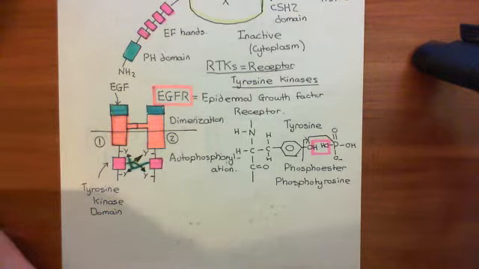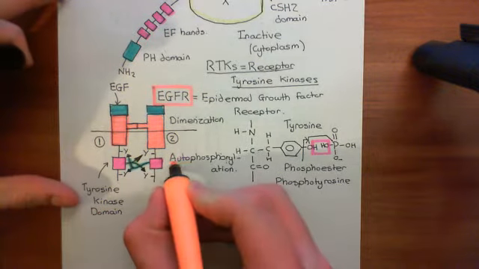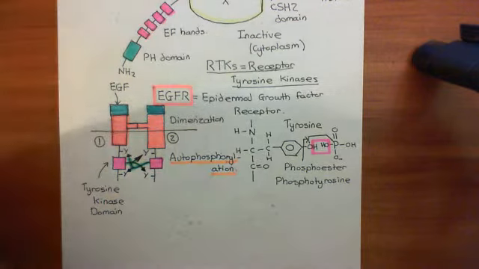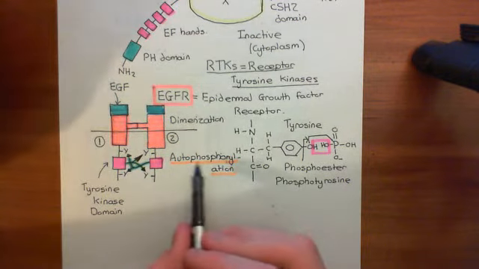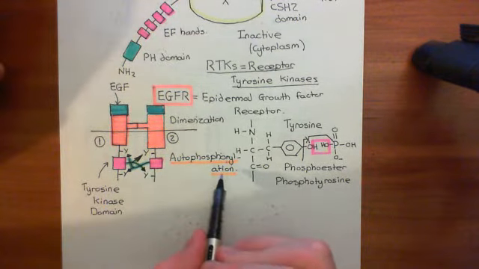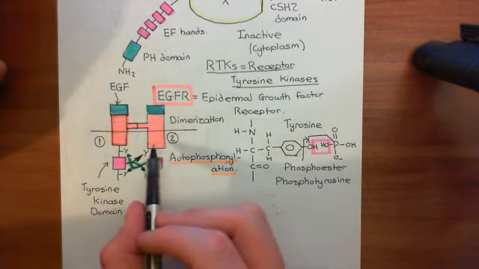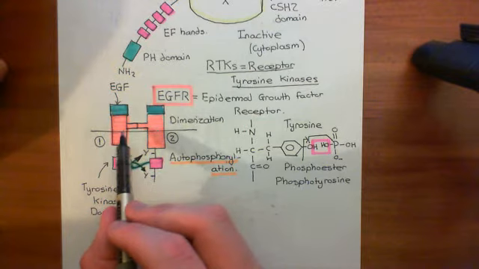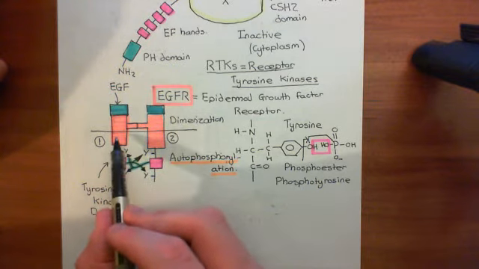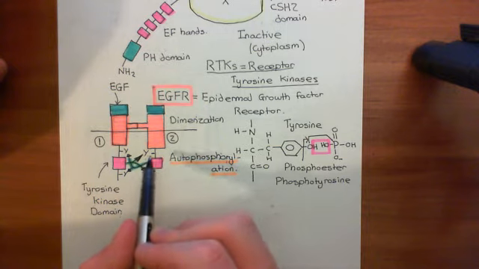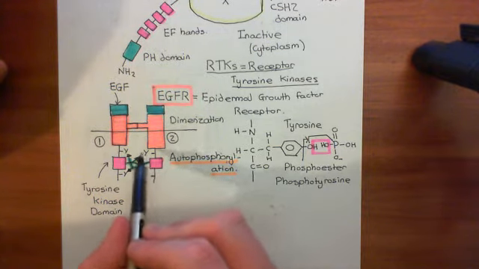Now firstly, before we see that, let's discuss why this process is called autophosphorylation. Auto means self, so this literally means self-phosphorylation. Now you might think that's a little bit odd because actually it's epidermal growth factor receptor number 1 phosphorylating epidermal growth factor receptor number 2's tyrosine residues.